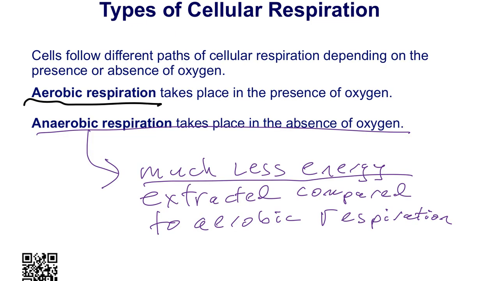So we can do two types of respiration. Aerobic respiration requires the presence of oxygen. It needs oxygen to happen. And then we can do anaerobic, which means without air. We can do anaerobic respiration, which doesn't need oxygen.